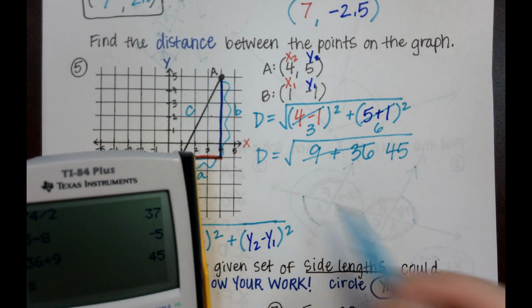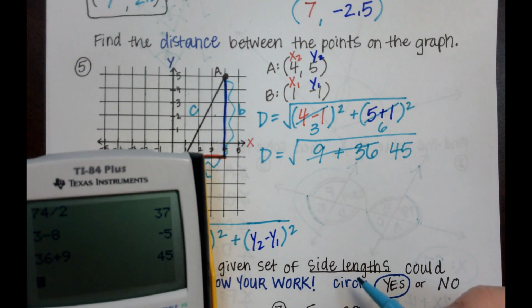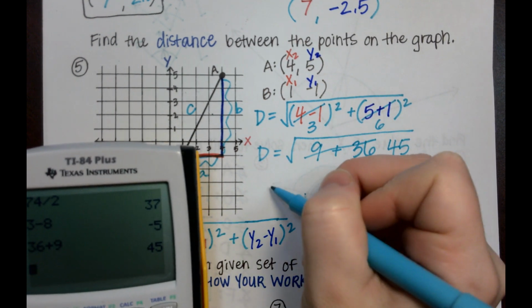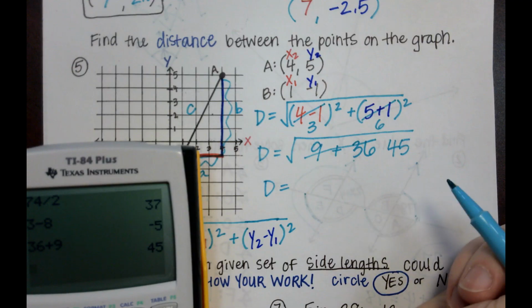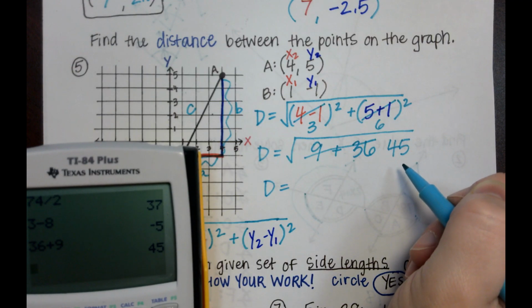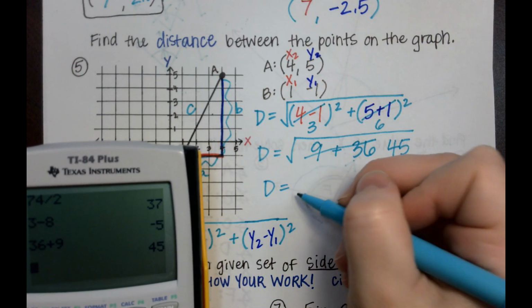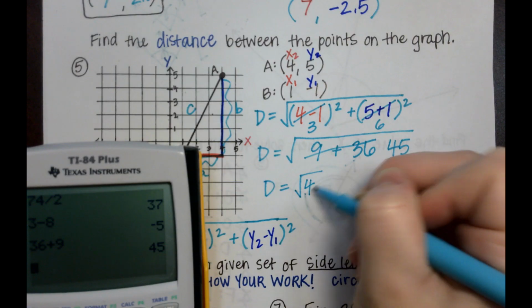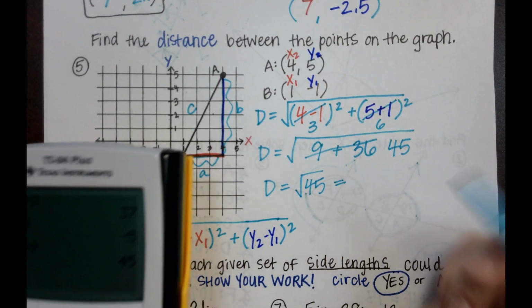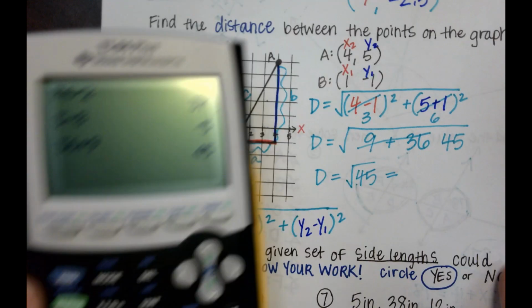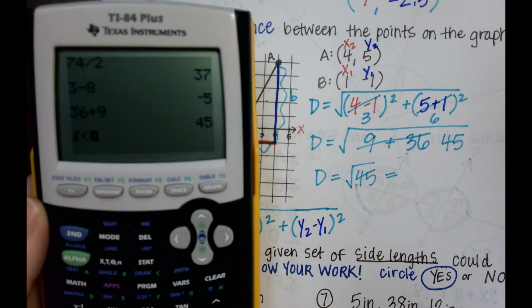Perfect. And then we have one last thing to do. And we're just going to take the square root of something. Yes, so we need to do the square root of 45.